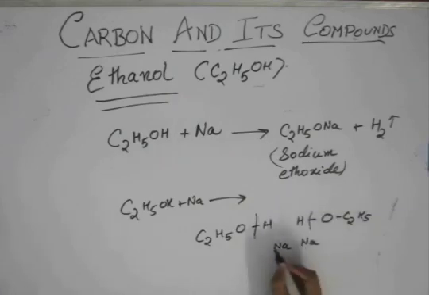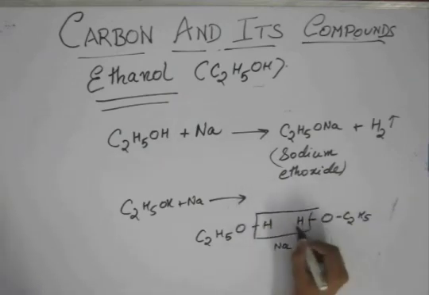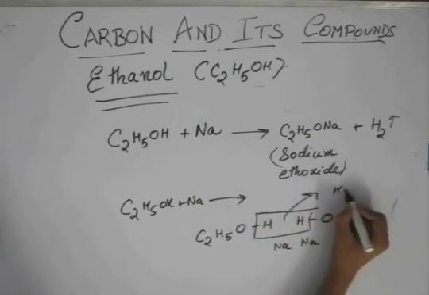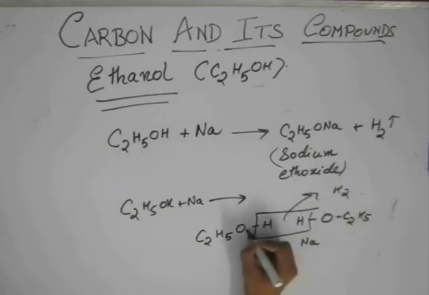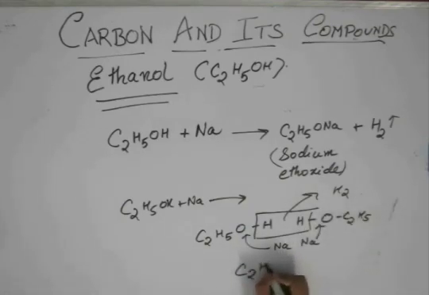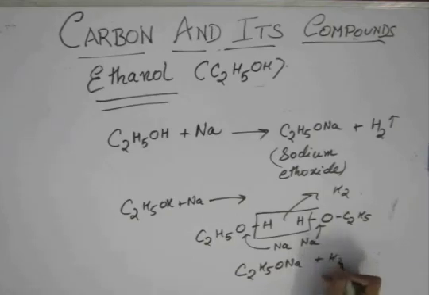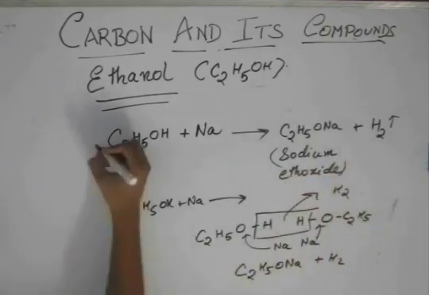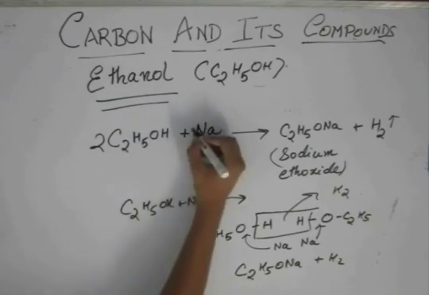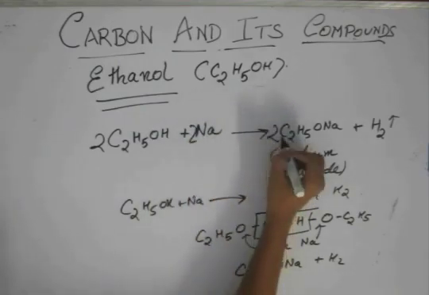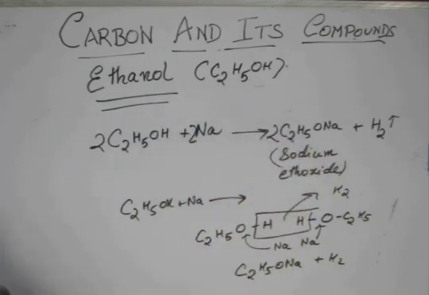Break this bond, take this H2 out, and since oxygen has a free bond now, add these Nas to the oxygens. So it will give C2H5ONa and H2. Now, balancing this reaction, this will be the balanced reaction.